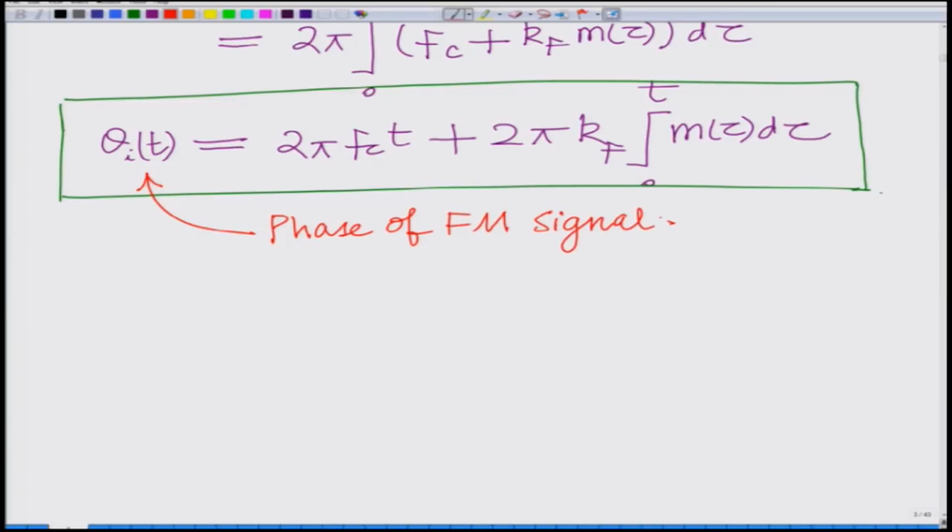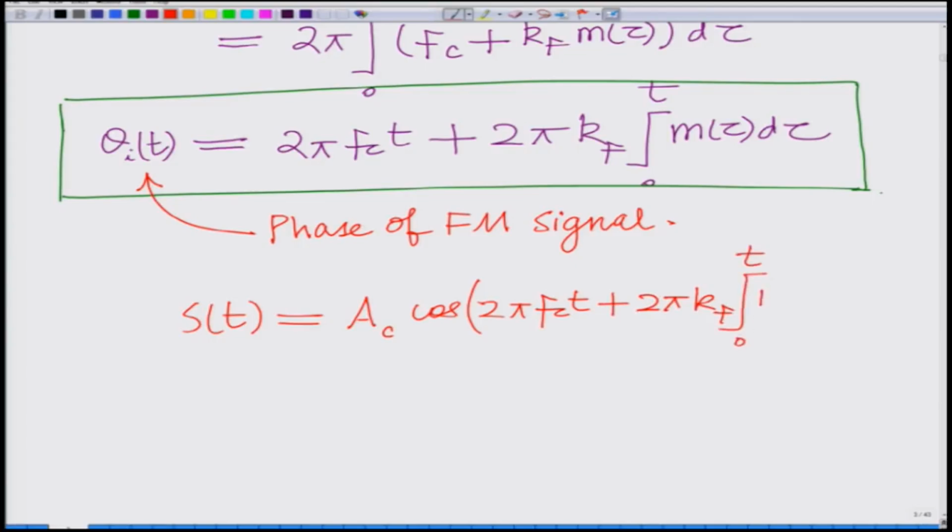The frequency modulated signal or FM signal. Therefore, the modulated carrier is given as s(t) is basically A_c cosine of 2 pi f_c t plus 2 pi k_f integral 0 to t m(tau) d tau.